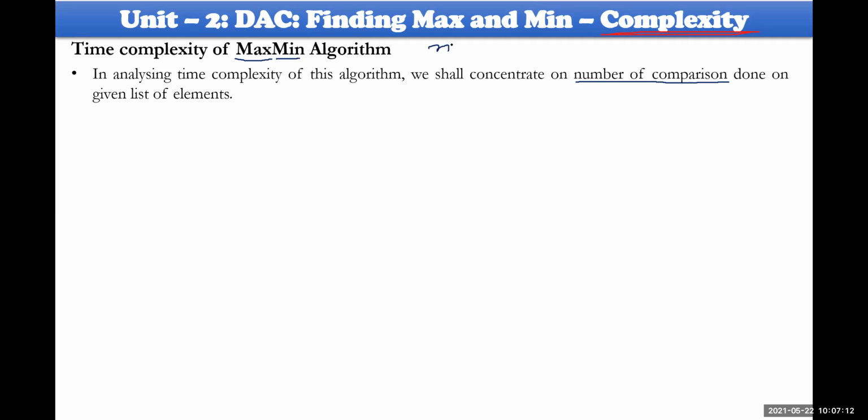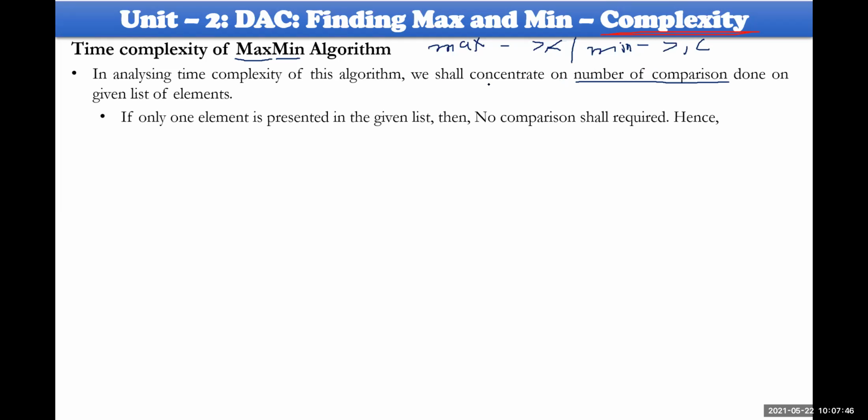To specify a maximum, we use a greater than or less than operator. Minimum is the same. Based on the user's perception, you may operate with either operator. So comparisons are very important while calculating the MaxMin algorithm using divide and conquer. That's a very important point to keep in mind while we evaluate the complexity of MaxMin.